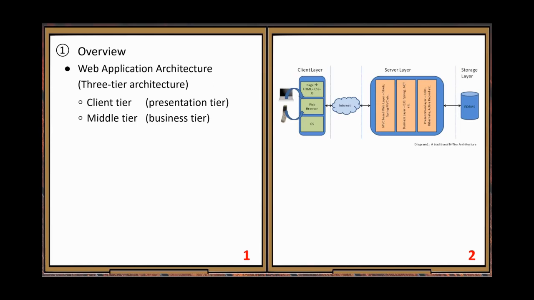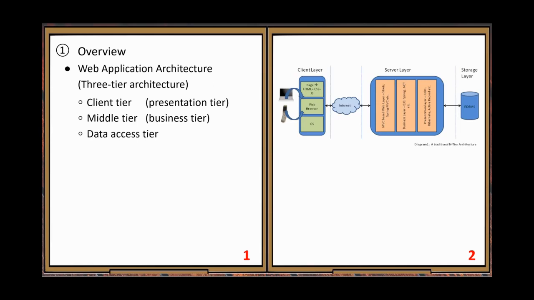From this name, you can see what we do in this tier: doing our business. We implement our business rules in this layer. What's the goal? You develop web applications to do business, so you implement all your business rules in this layer.